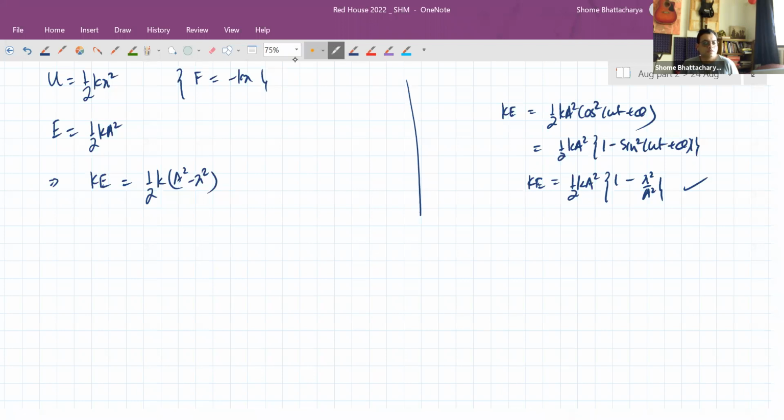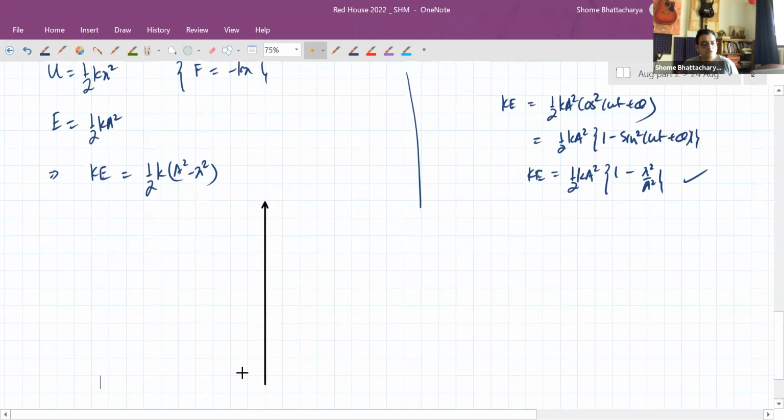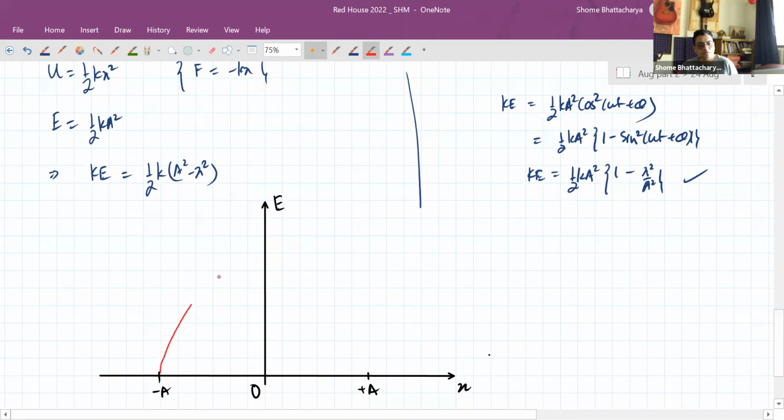So now if you look at the SHM, the relationship of the two types of mechanical energy with respect to position. If this is the positive extreme and this is the negative extreme, you can see that our kinetic energy will behave in this way: it's maximum at the mean position and momentarily zero at the extreme position as it oscillates between these two.